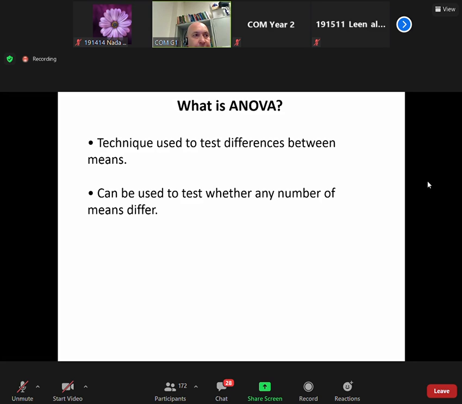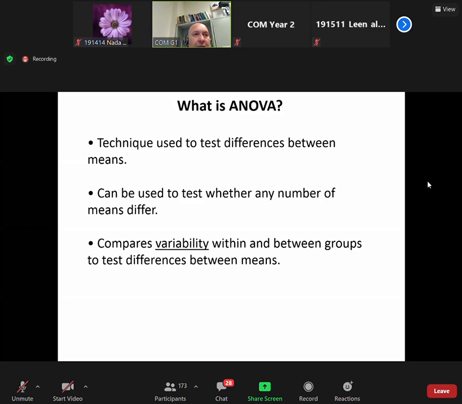It's like a t-test, but it's an extension of the t-test, so that you can test any number of means. When I say any number, it means 100 if you wanted 100 different means, 100 different levels of one factor. Basically what it does is it compares variability between the different groups.